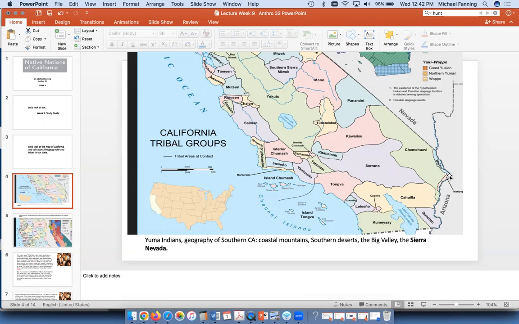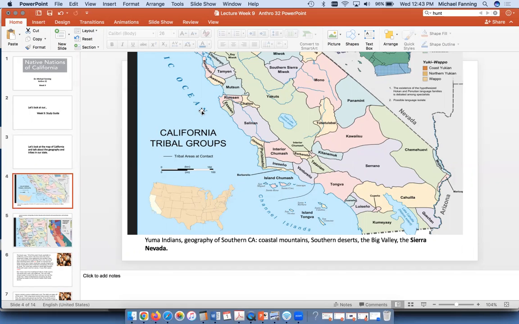You've already learned about the Yuma tribe, which is down here, touching on Arizona, almost into California. But the Yuma Indians did go back and forth because, of course, back then there wasn't a California when the tribe was where it traditionally was located.